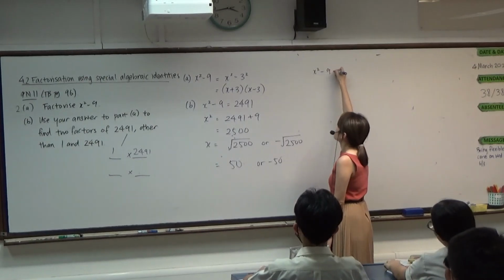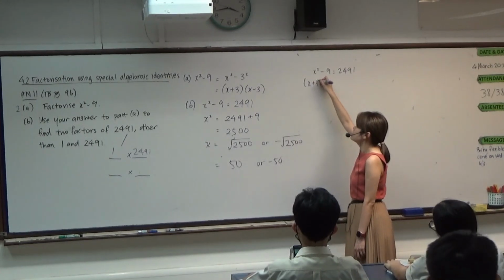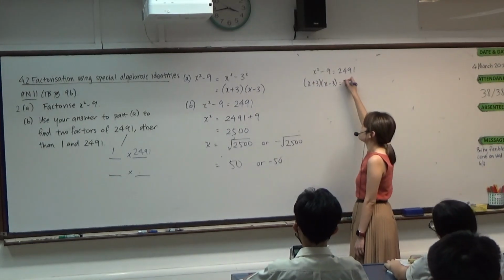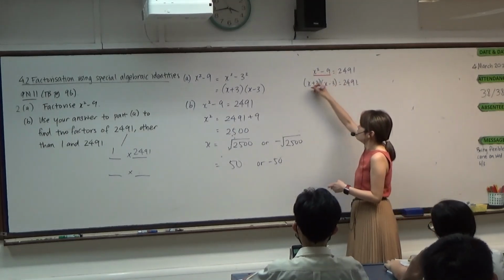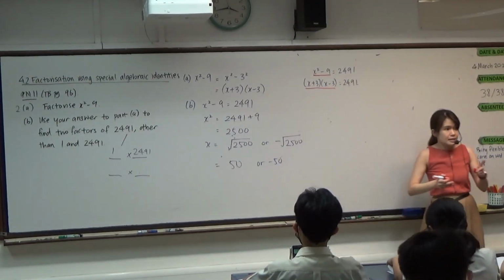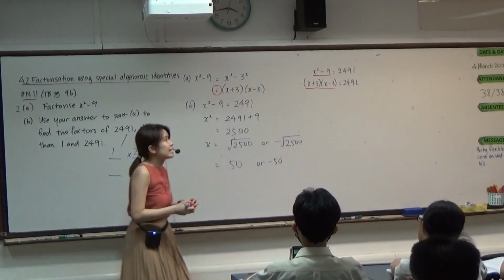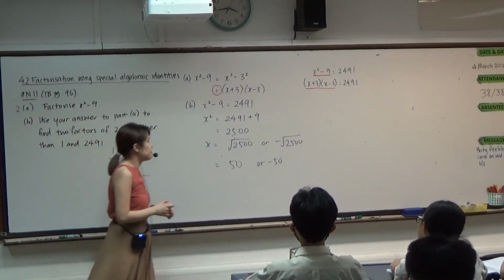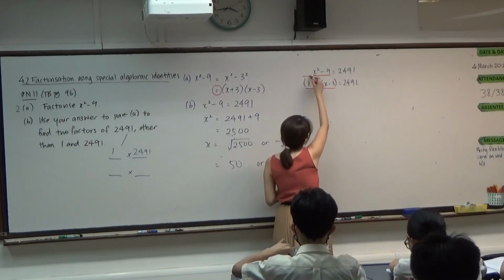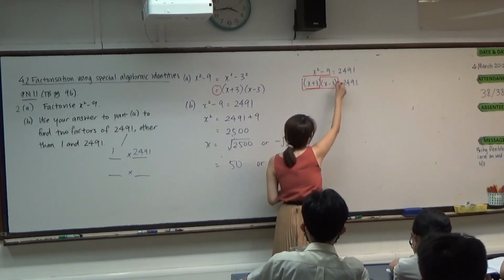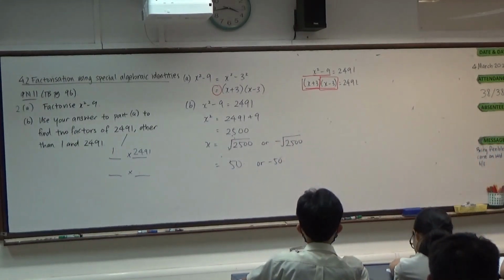When I say x squared minus 9 equals 2491, I can also say that x plus 3 times x minus 3 equals 2491, because x squared minus 9 and x plus 3 times x minus 3 are equal to each other. So if I can find the value of x, I will know the two numbers that multiply with each other to give me 2491.